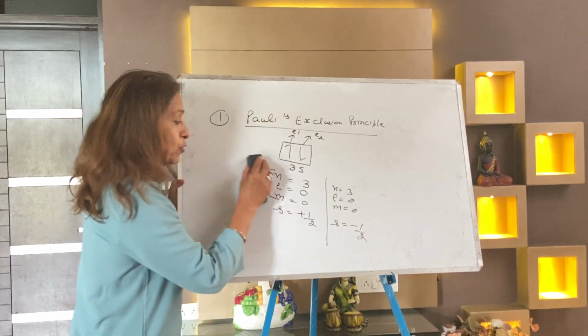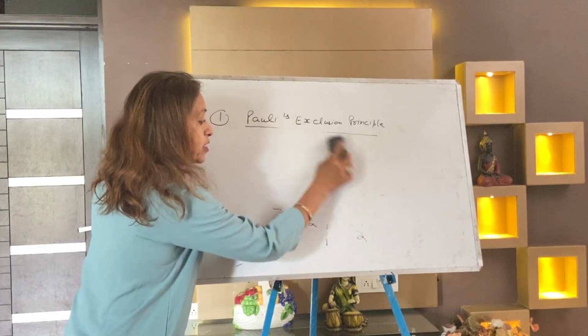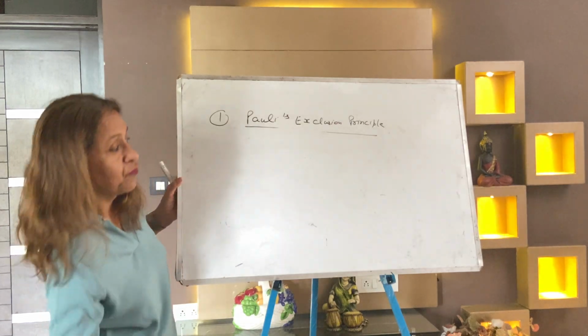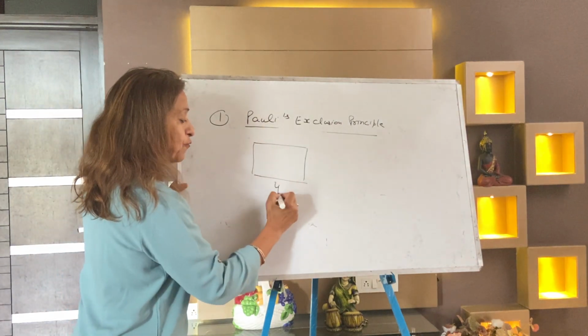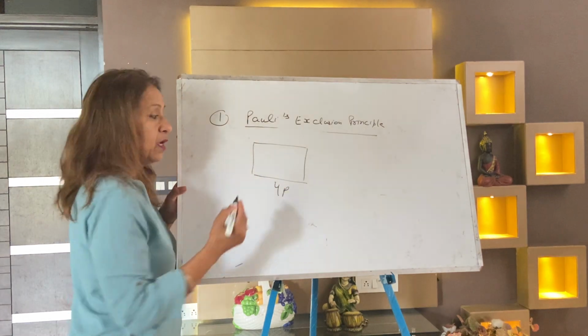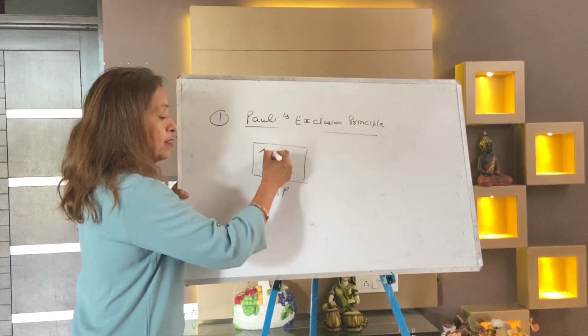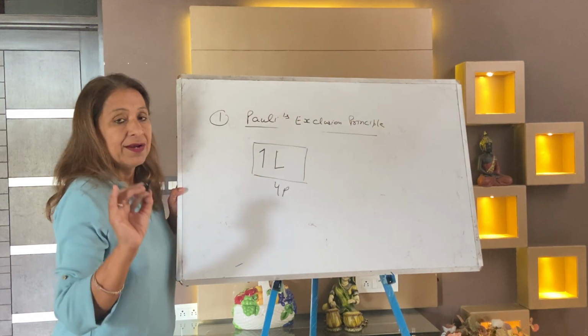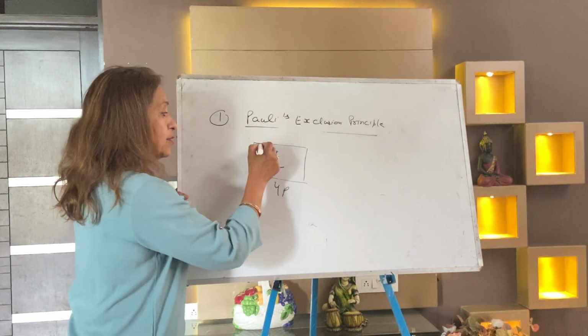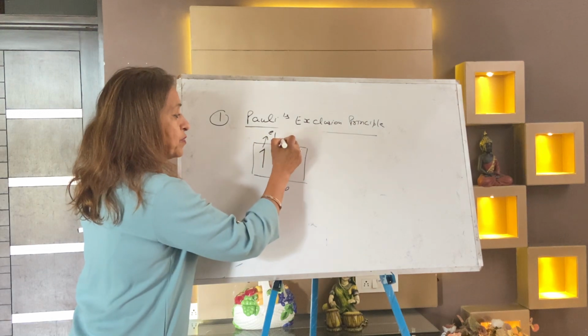Now I am going to tell you one more point. The question is, why are 3 electrons not filled? Again, let it be a 4p orbital. This is my electron 1, this is my electron 2. According to Pauli's principle, I have filled them. Let the 3rd electron come. Write down, this is E1, this is E2.